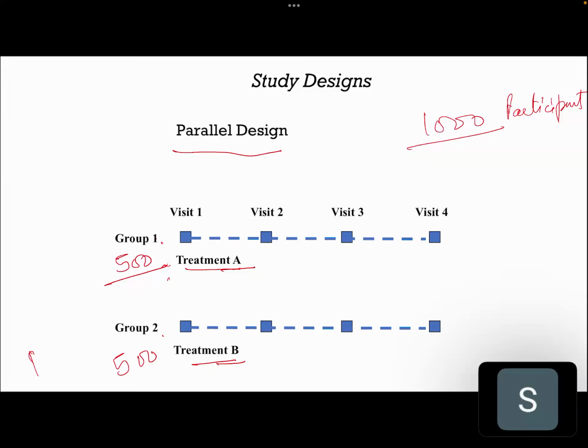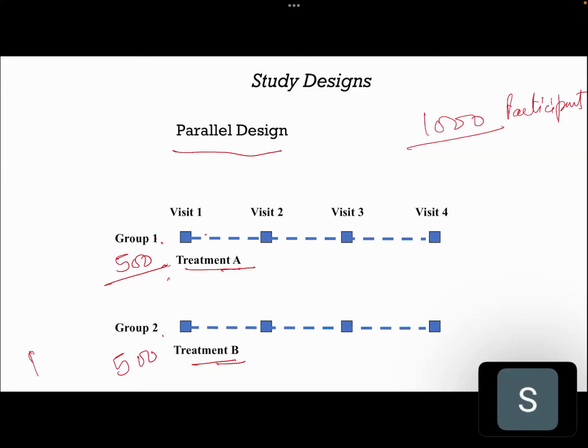This will be done by randomization, like a flip of a coin. Heads, put in treatment group A; tails, put in treatment group B, right? And that will be done by a computerized program. No one knows, everything will look the same.